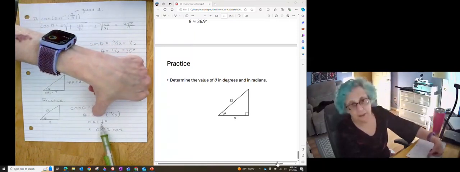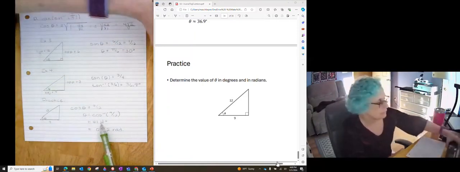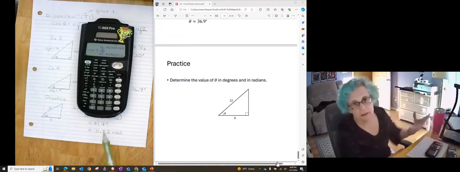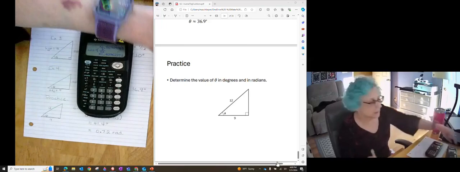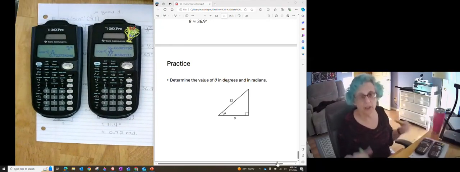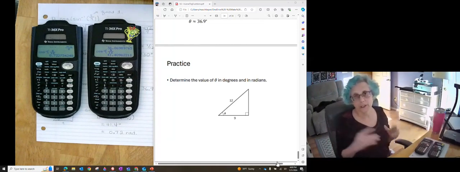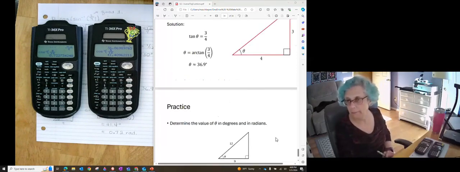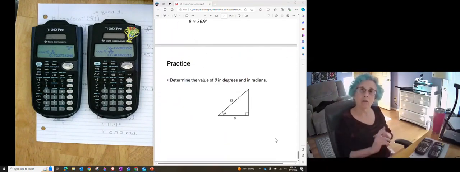Now I just plugged it into first my calculator that's in degree mode, and then I plugged it into my calculator that's in radian mode. You could do it in either one and just convert, because you know how to do that. You did it on test 1. So you have all the knowledge that you need to go forth and complete your assignment on inverse trig. You can do it.